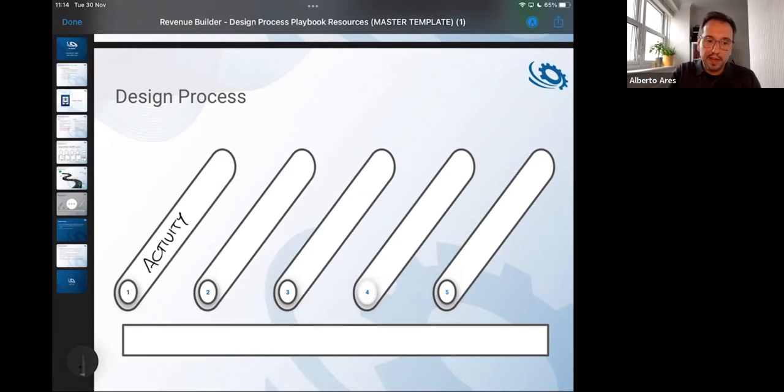Another type of step is the qualifying outcome. Yeah, so qualifiers. These steps tell us whether the opportunity that we're working on is the right type of client, whether it makes sense to focus on these opportunities, right?